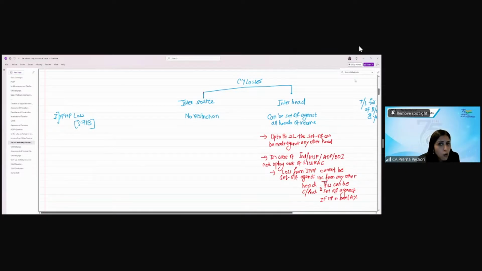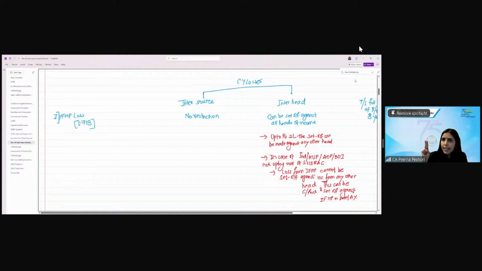So loss from one house property can be set off against the income from another house property in the next year. But if you have the current year loss from a self-occupied property, let's take an example to understand this. 5 lakh interest on the self-occupied property. I can set it off against, let's say, 3 lakh rupees of income which I have from the rental property. Permissible? 2 lakh additional loss is there.